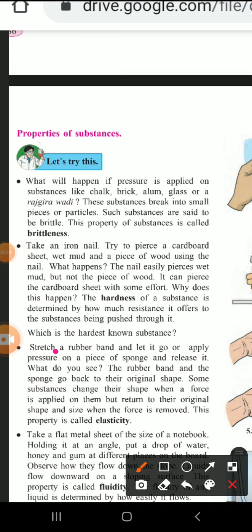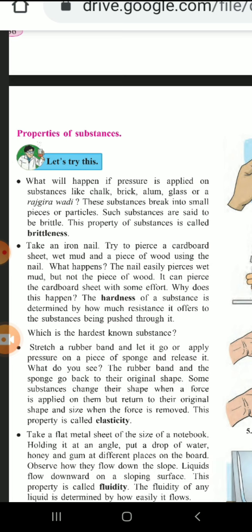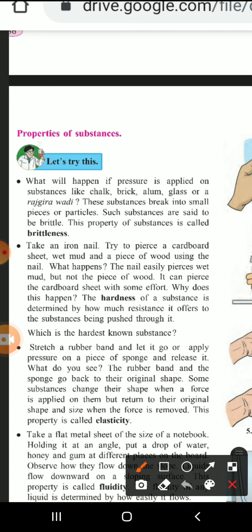Stretch a rubber band and let it go, or apply pressure on a piece of sponge and release it. What do you see?